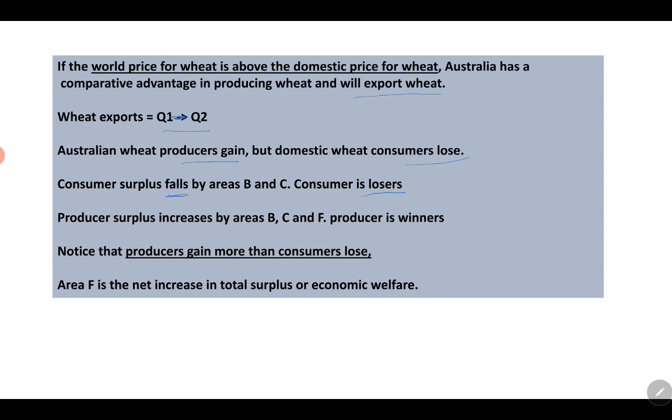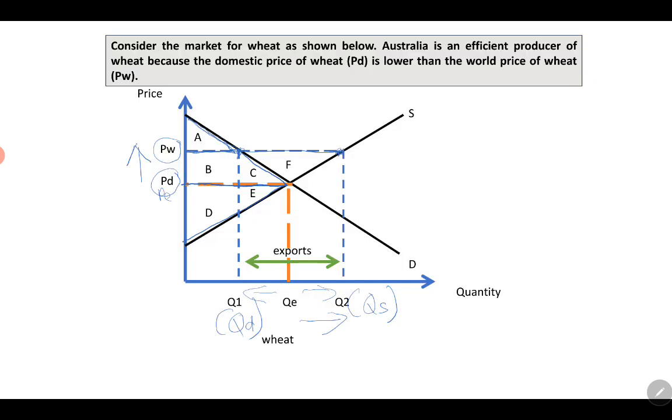Producer surplus increases. I have explained the area to you just now. It increases by which area? So producers will be the winners. Producers gain more than the consumers lose. And the area of export is this area.